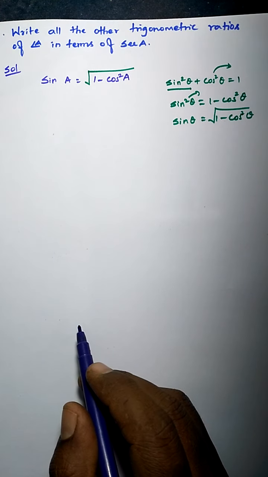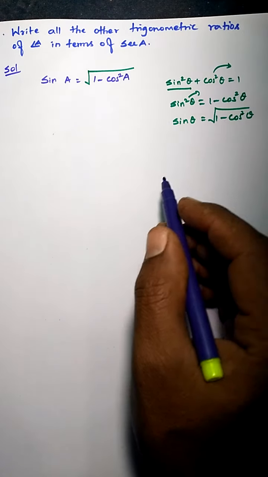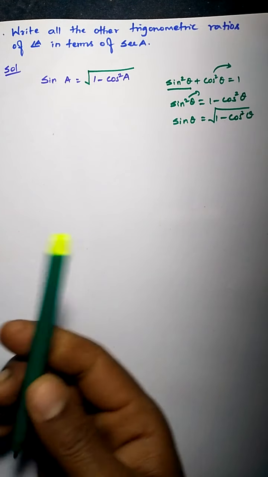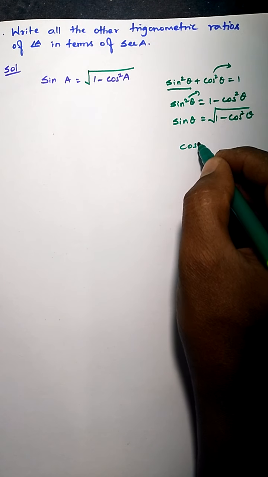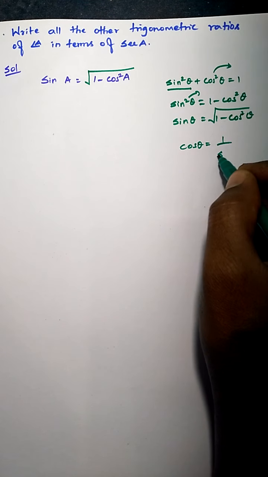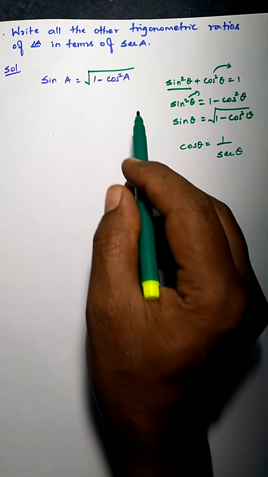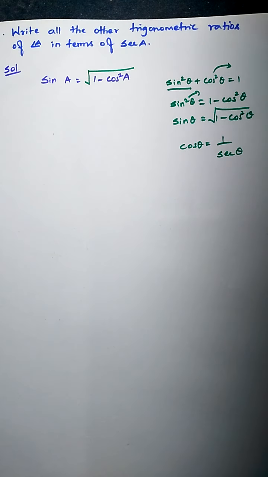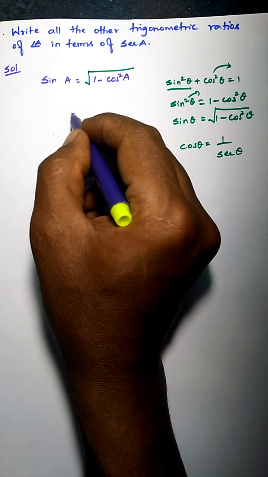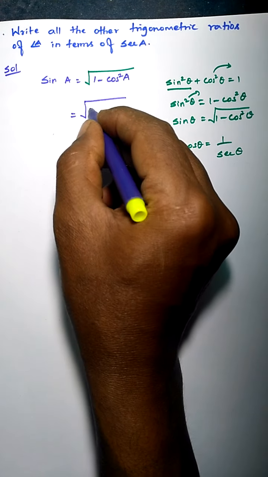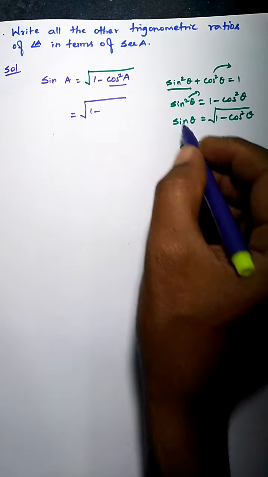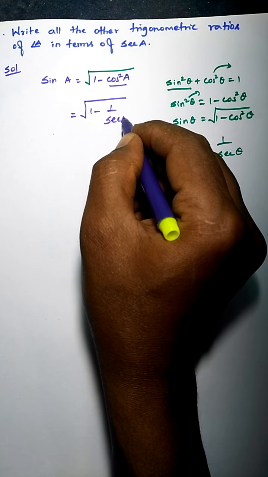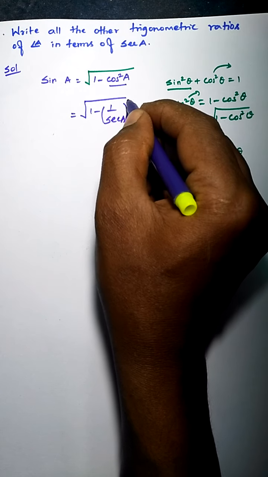Now we know the reciprocal formula, cos theta reciprocal formula 1 by secant theta, because the answer should be written in terms of secant. So we can apply this reciprocal formula, then you will get 1 minus cos theta reciprocal 1 by secant, so 1 by secant A whole square.